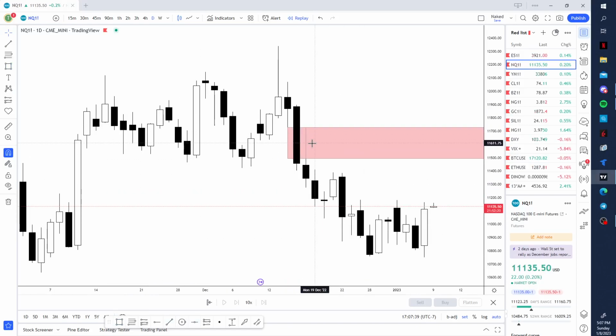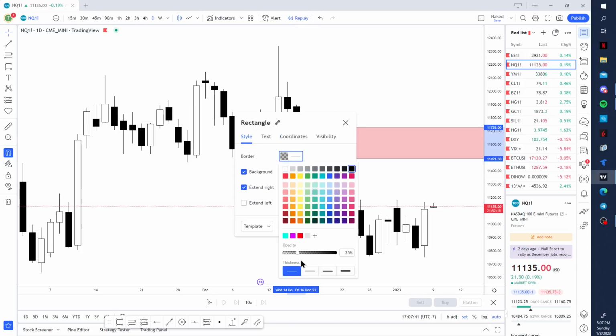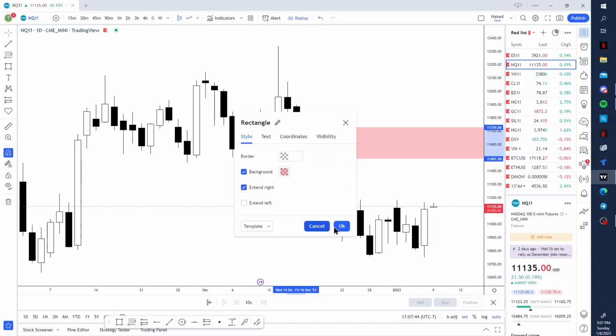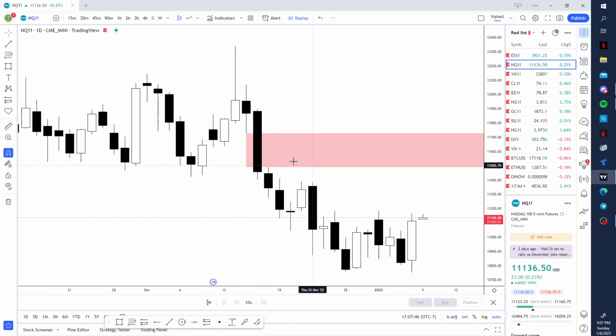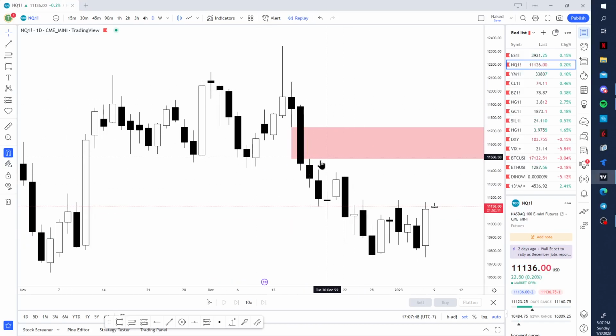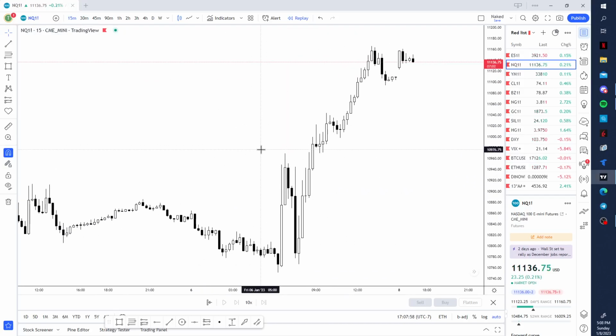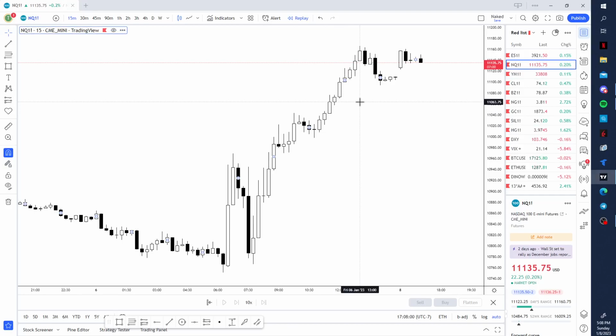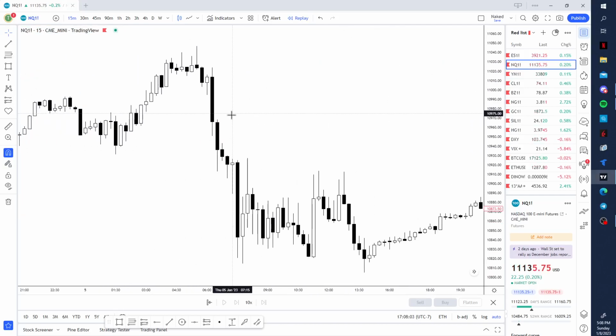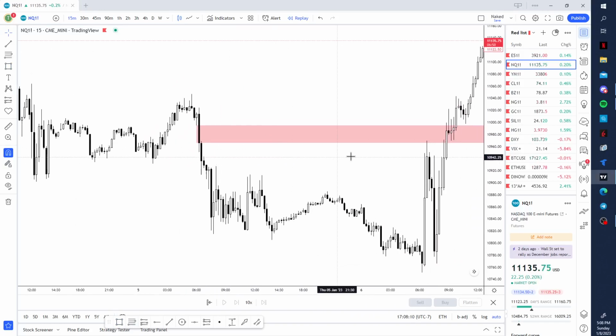So now you have one here on the daily time frame where we have an imbalance of price. But these happen on every time frame. You can get it down to like the 15 minute. So here's one. It's basically where you just drop through an area, but then price is going to want to come back and refill that area.